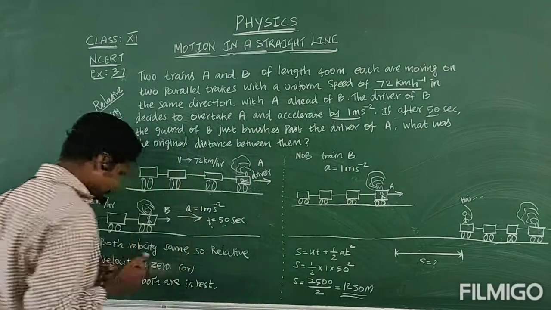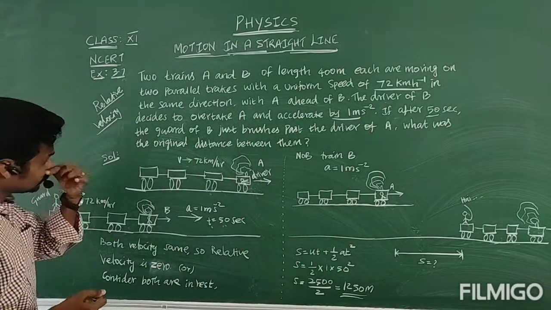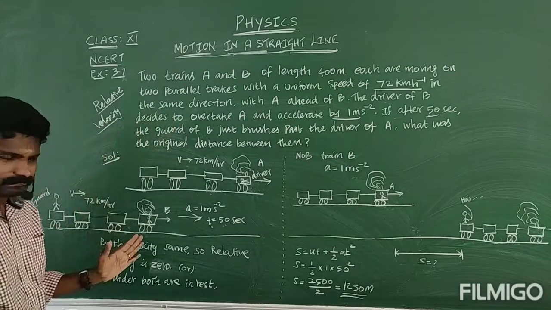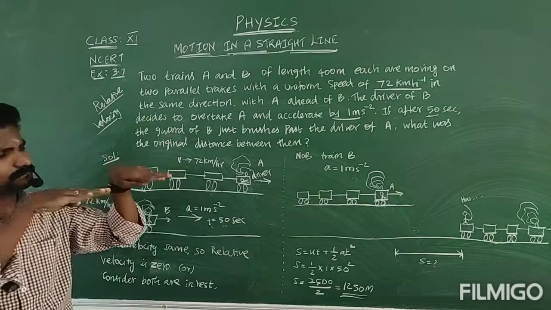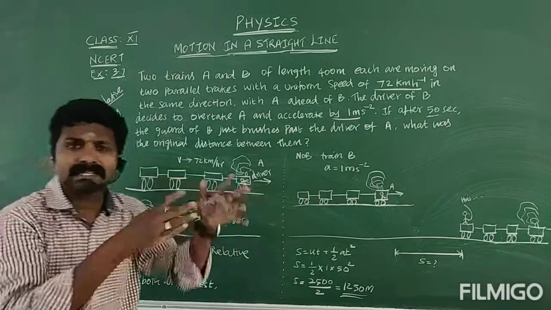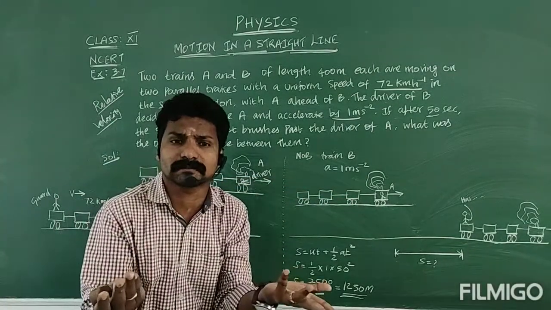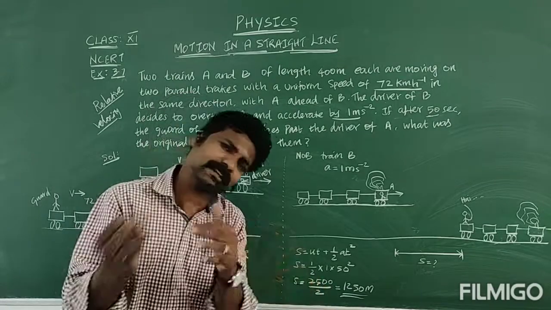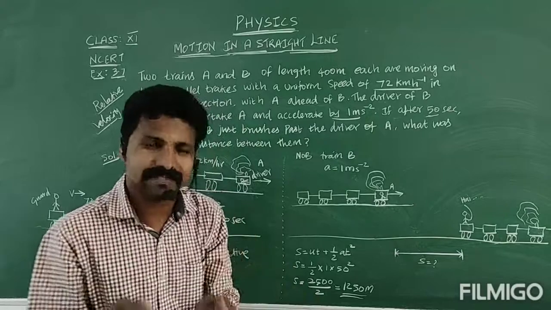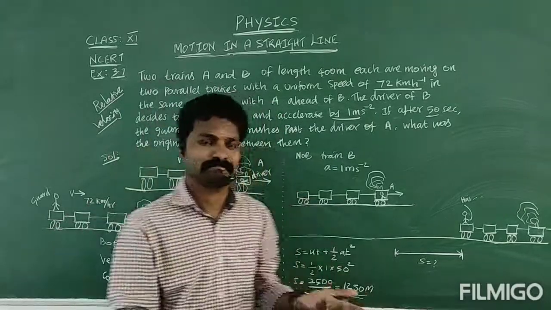Listen. Initially, if you observe, train A and B have the same velocity. Same velocity means the relative velocity is 0 with respect to one another. Relative velocity 0 means we can consider both as in rest position.